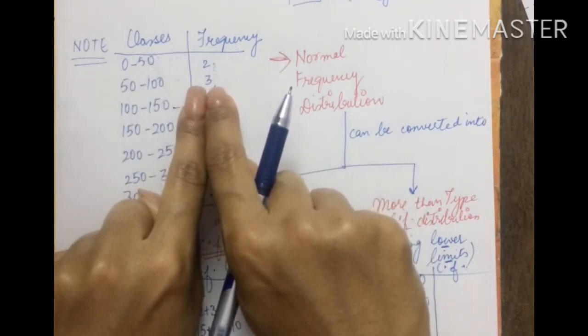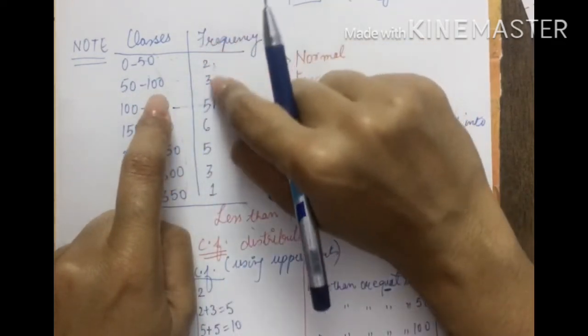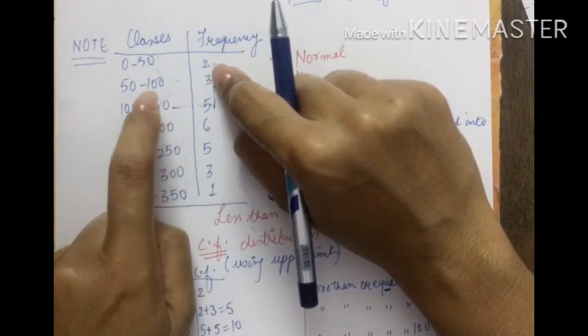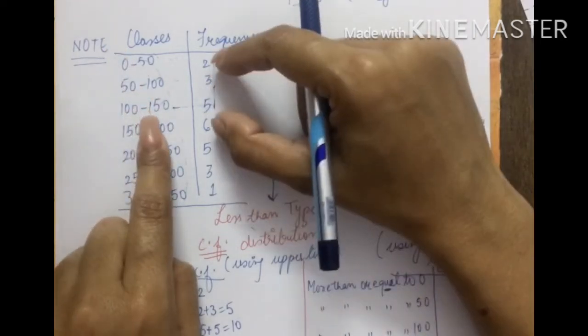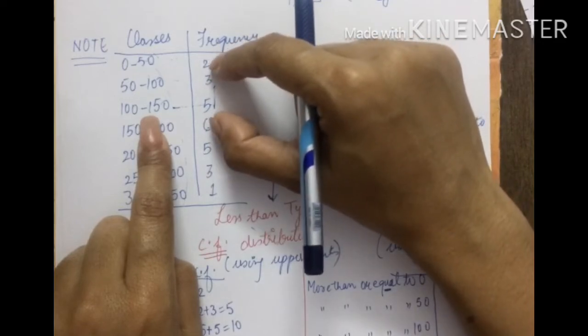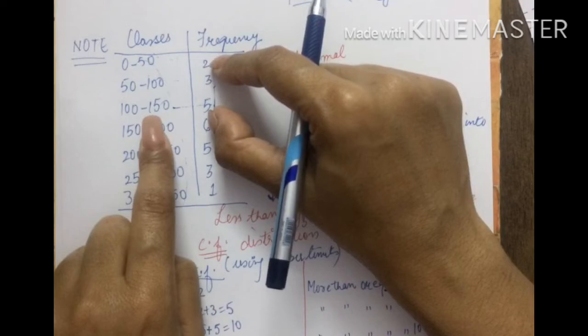These 3 observations have a value between 50 to 100, but together these 5 observations will have a value less than 100. Together the value of these observations, 2, 3, 5, total 10 observations, would be less than 150.